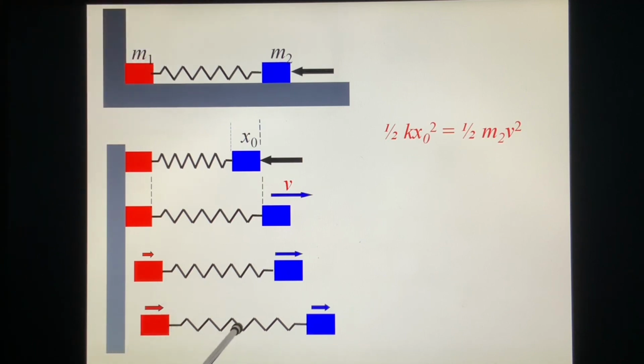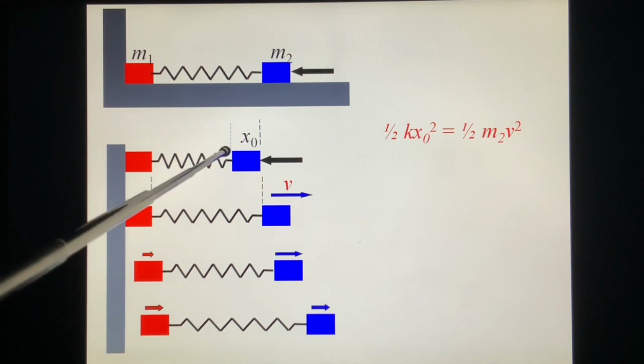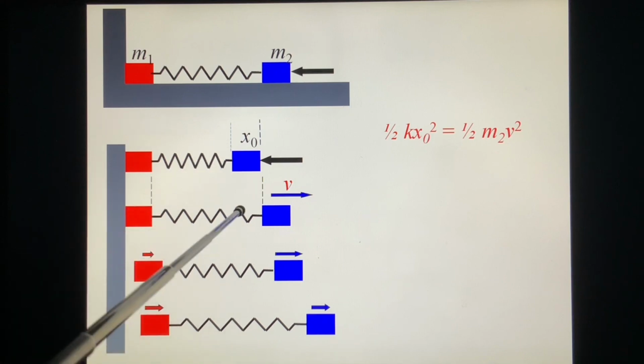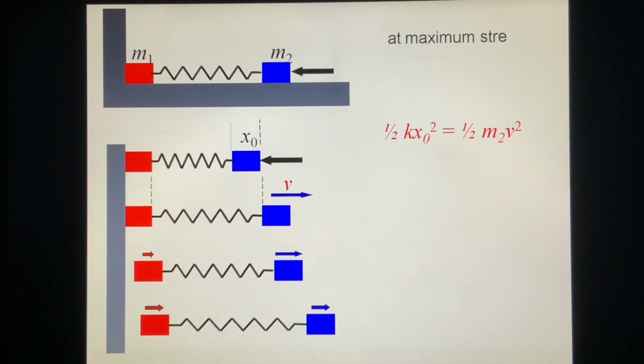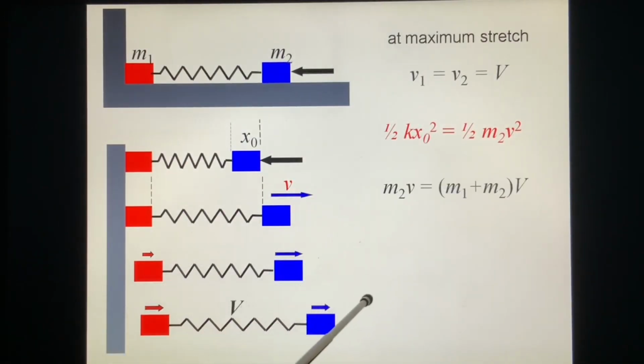So what we do, we say, hold on, from here to here, there is no external force, so linear momentum is conserved. At the maximum stretch, V1 equals V2 equals big V. With that information, linear momentum is conserved from here to here, because there's no external force.